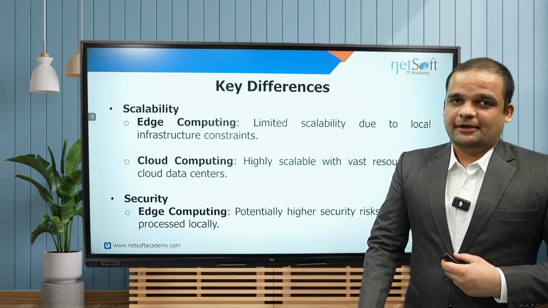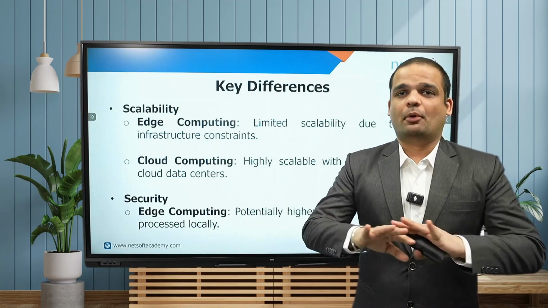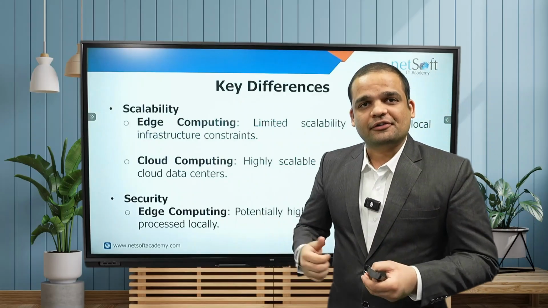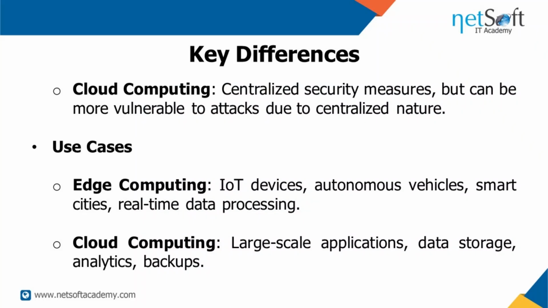How about security? Well, security is, again, essential on both sides. Edge computing can be riskier because data is processed locally and might not have the same level of protection as data centers. On the other hand, cloud computing benefits from advanced security measures, but its centralized nature can make it a target, basically.